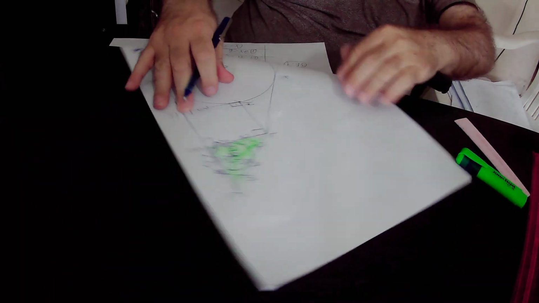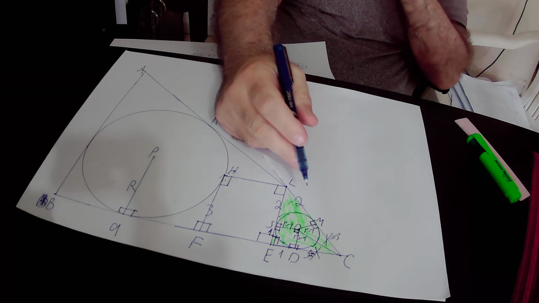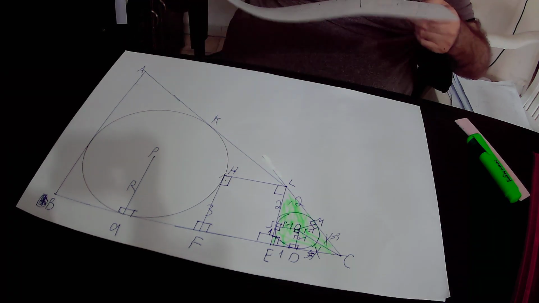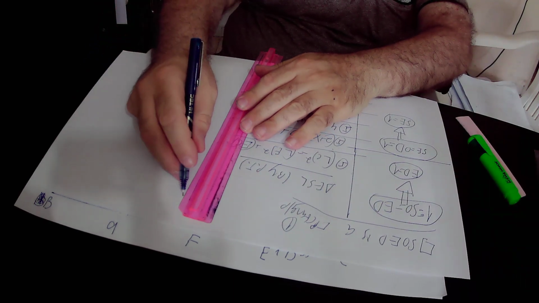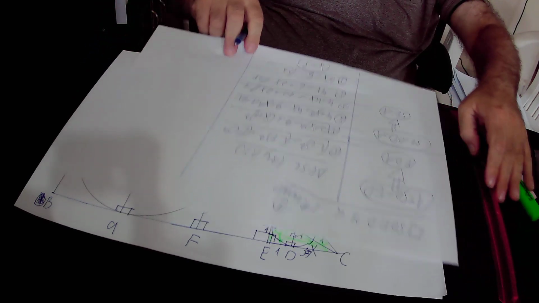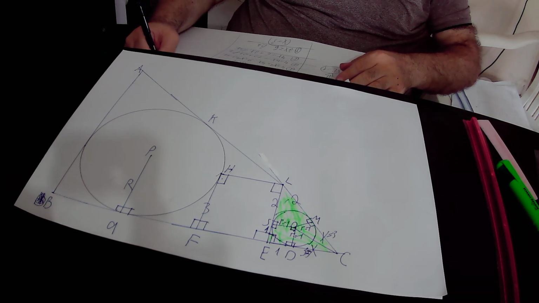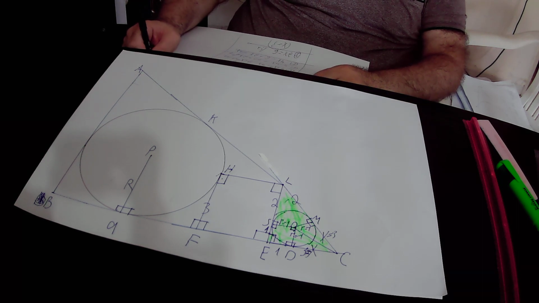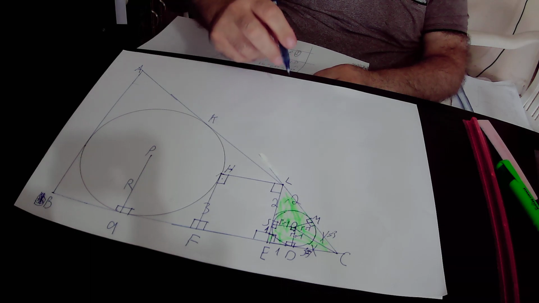Repeat again, we prove that triangle OMC is congruent to triangle ODC according to side rule. So the two green triangles are congruent to each other. So it is triangle OMC congruent to triangle ODC.